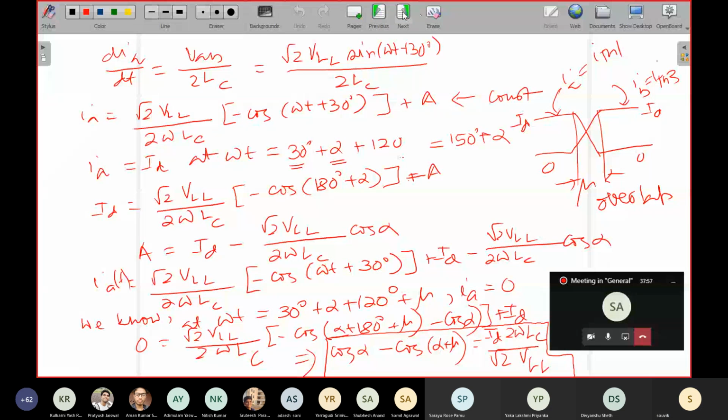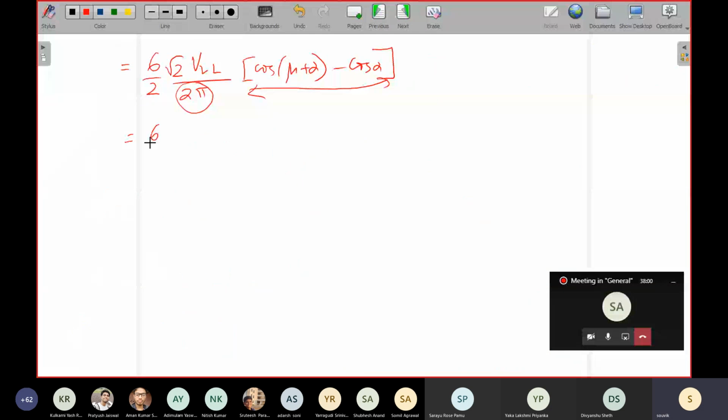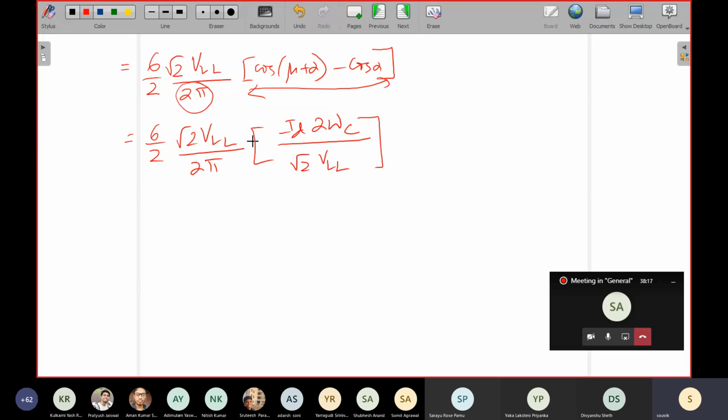Next is equal to 6 by 2 id 2 omega C by root 2 VLL, right? And this is negative, right? This is a negative.